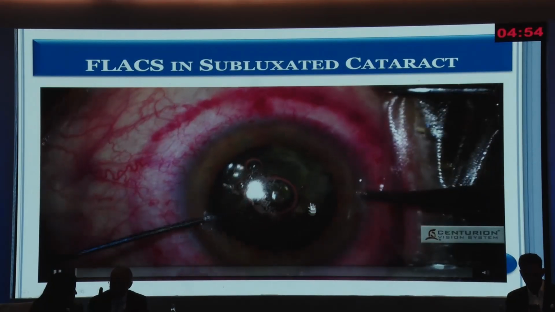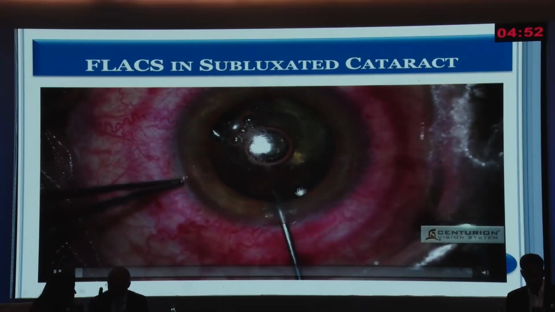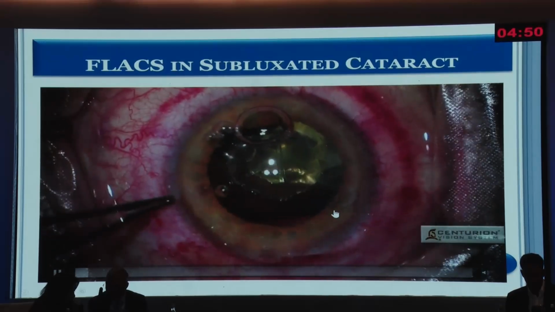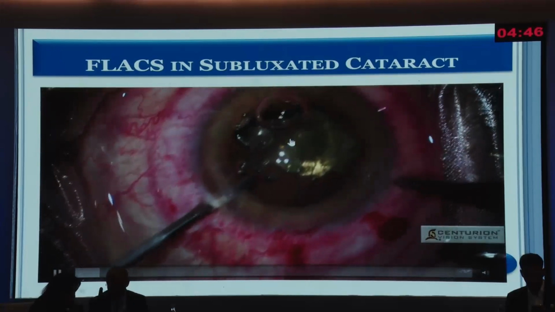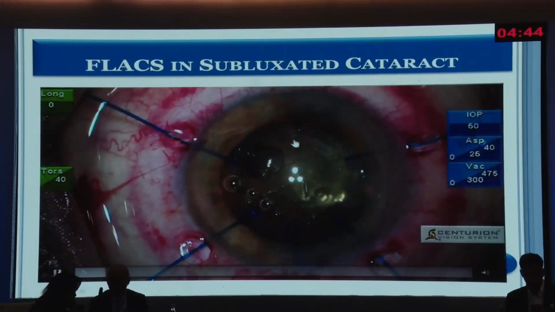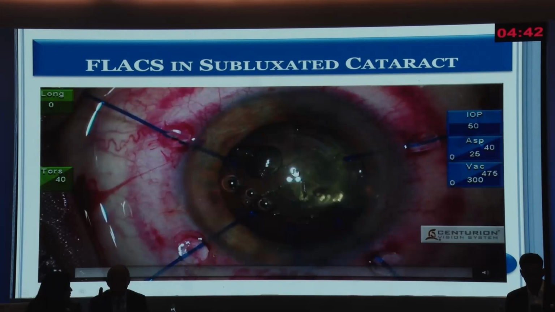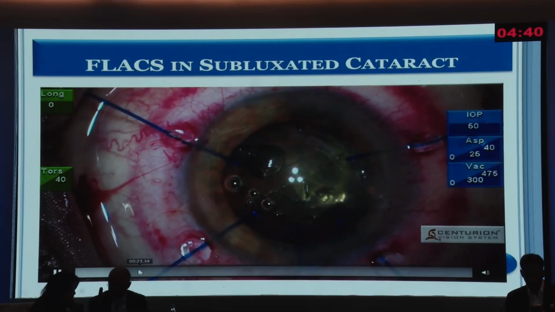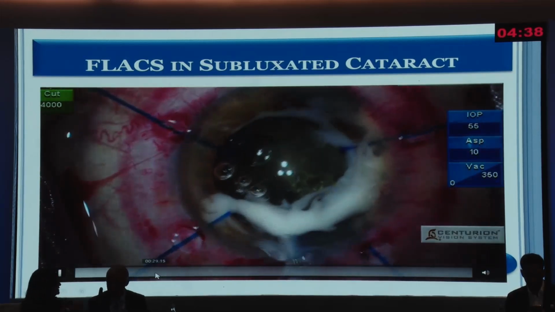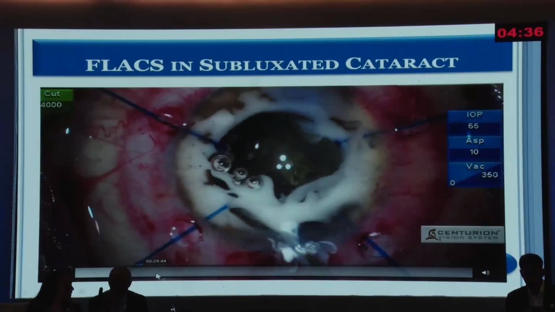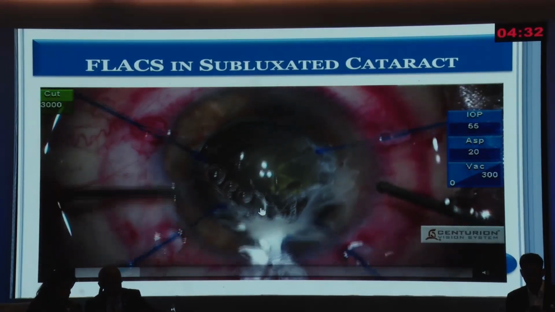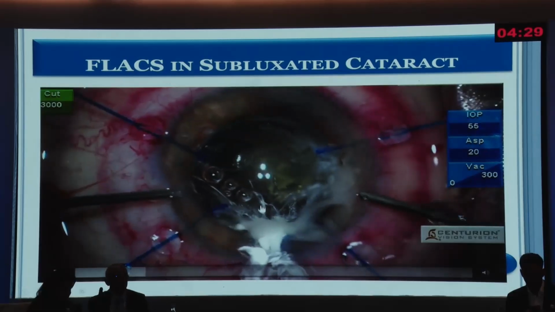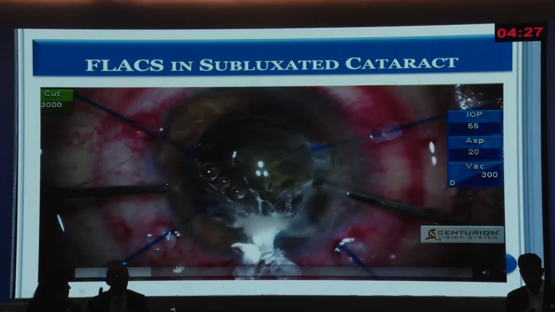Flax can also be useful. You can see here, this is a subluxated lens, with zonular dehiscence in this area. If you do a flax, you can slightly decenter the rhexis more towards the other side. Once you have done that, you have a free floating capsular rhexis. You remove the capsule, stain, inject some trypan blue into the anterior chamber, and then do a vitrectomy, removing whatever vitreous is there.